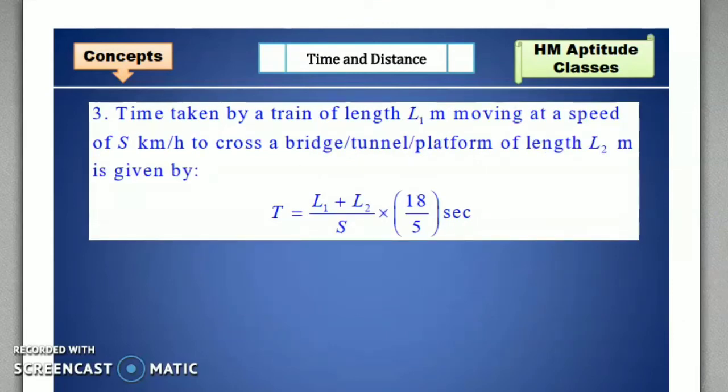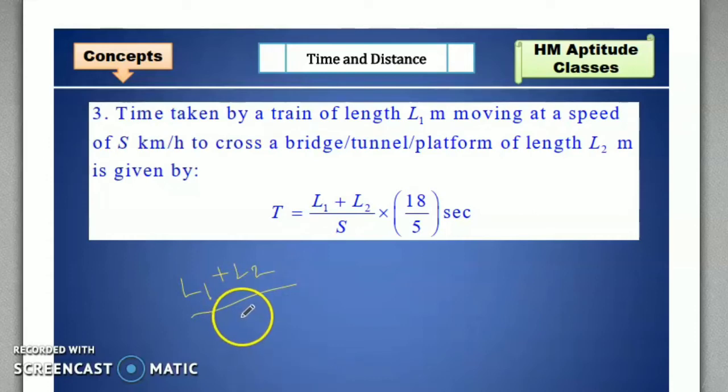And in the third concept, the time taken by a train of length L1, which is moving at a speed of s km per hour, to cross a bridge of length L2. In this case, the length of the train is L1 and the length of the bridge is L2. So the total length the train needs to travel to cross the bridge is L1 plus L2.